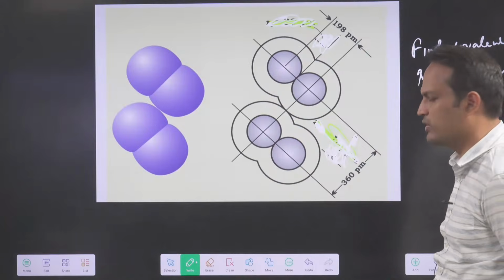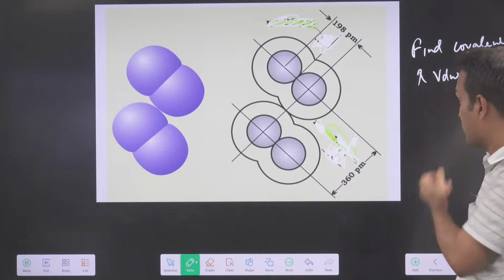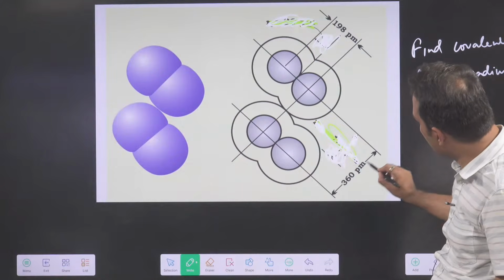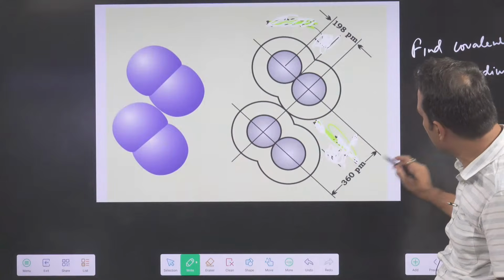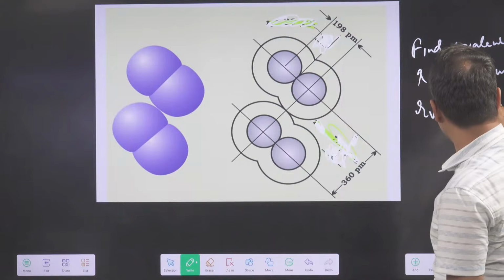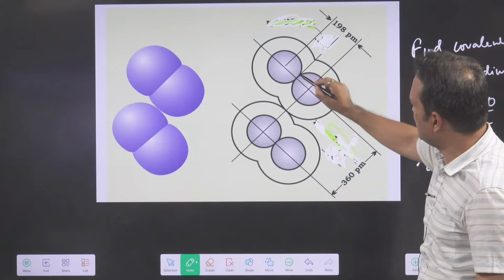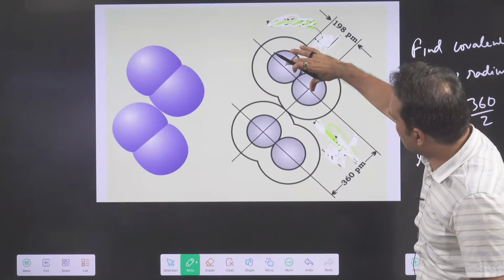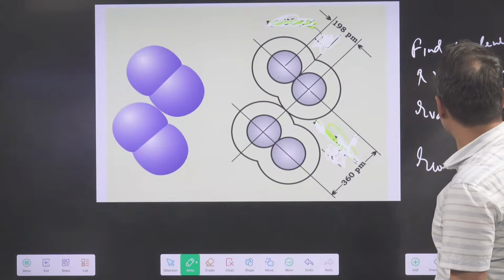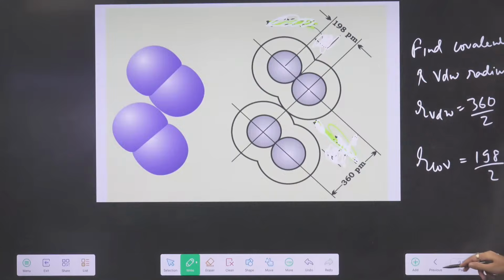In solid form generally we should measure so that we get a bit accurate. So we'll have to do like this: this is the internuclear distance for van der Waal. So you will do that van der Waal radius is 360 by 2 and covalent radius is 198. This is internuclear distance of the core part. So 198 by 2. Done. That's it.